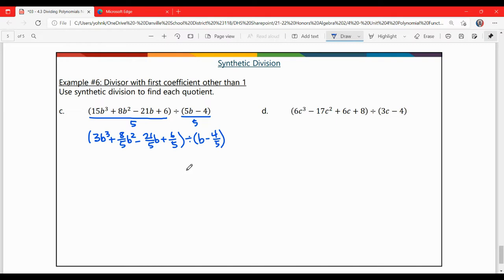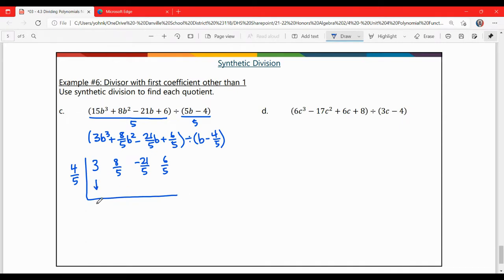So as you can see, sometimes the fractions get a little funky, but you have a calculator, so it doesn't really matter. So we got a 3, we got an 8/5, we got a negative 21/5, and a 6/5. And we are dividing by a positive 4/5.